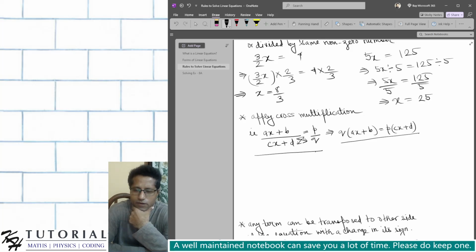But after doing cross multiplication, you can see that it is reduced to the linear form. So applying cross multiplication, some equations which may not be in the linear form can be reduced to a linear form.